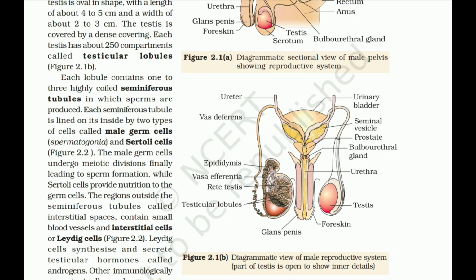Figure 2.1b. Diagrammatic view of male reproductive system. Part of testis is open to show inner details. Ureter, urinary bladder, vas deferens, seminal vesicle, prostate, bulbourethral gland, urethra, testis, foreskin, glans penis, testicular lobules, rete testis, vasa efferentia, epididymis.